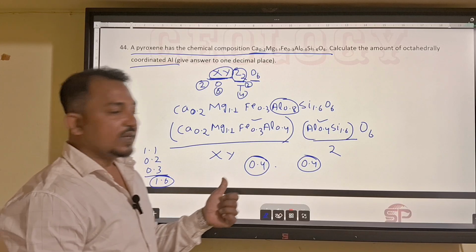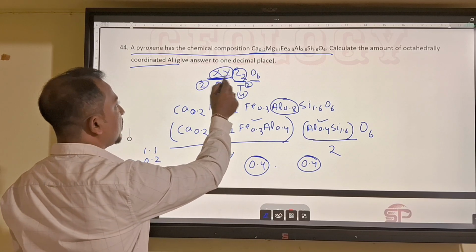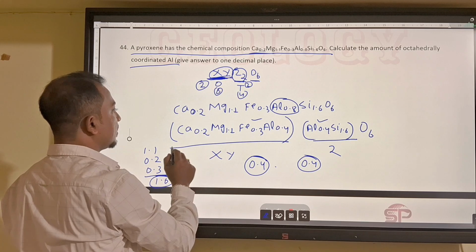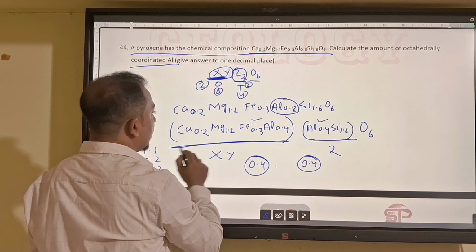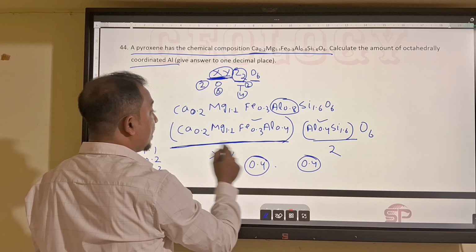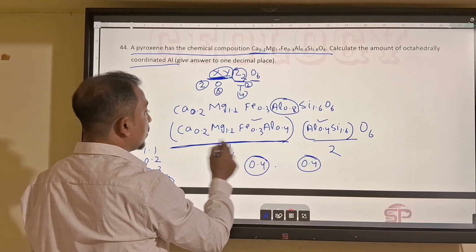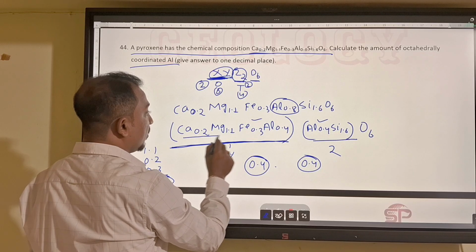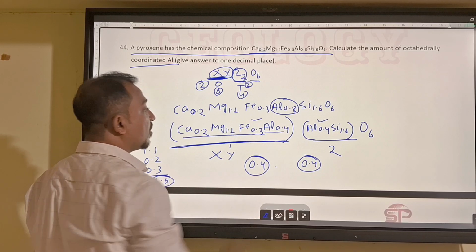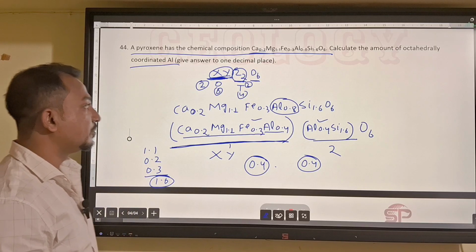So in this type of question, I have to rely on the general formula. As this is your octahedral side, this should add up to 2. So that's how you will know how much octahedral aluminum is required to complete the formula.